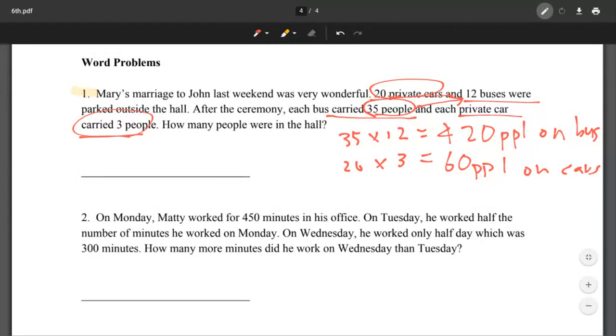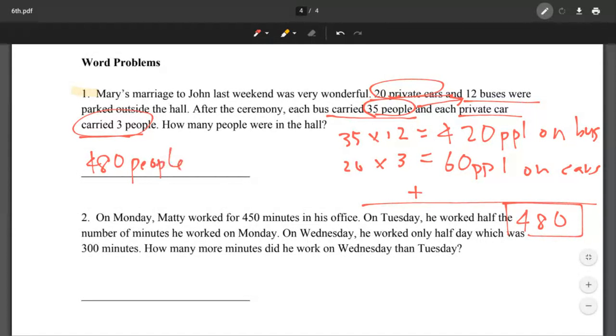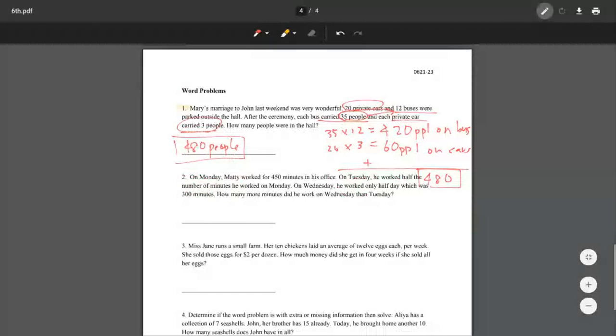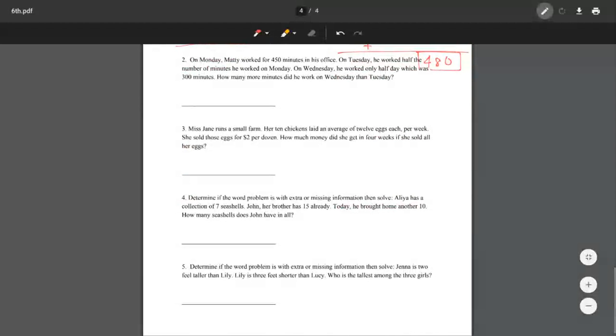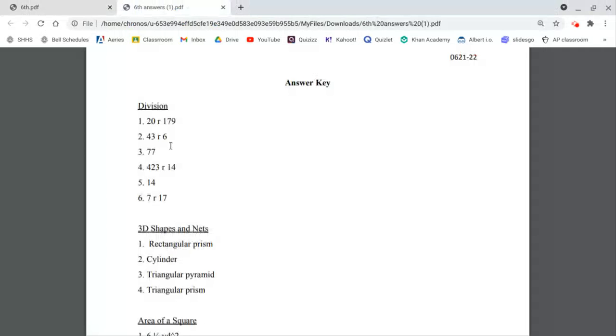So to figure out the total, we just add those two and we get 480 as our answer. Okay? So 480 people in total. Okay? So that's it. Finish the worksheet, and then here is your answer key.